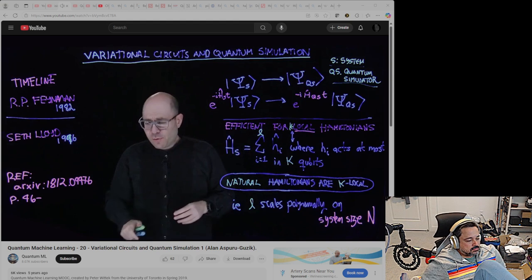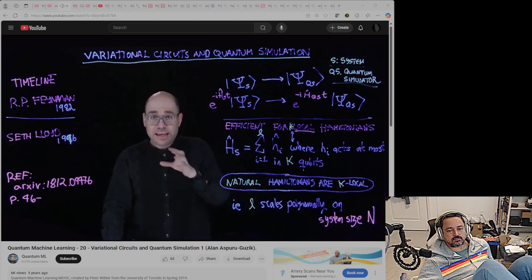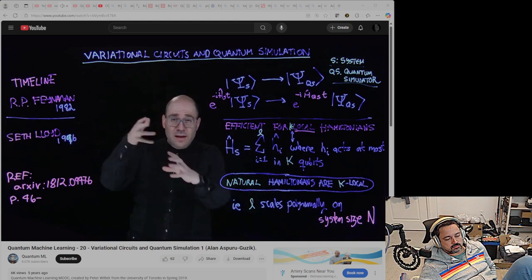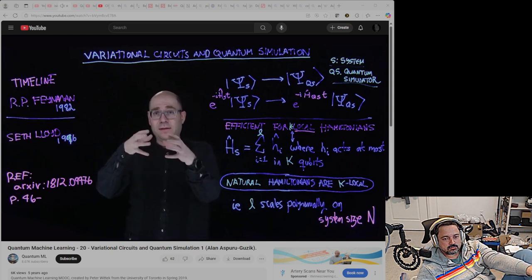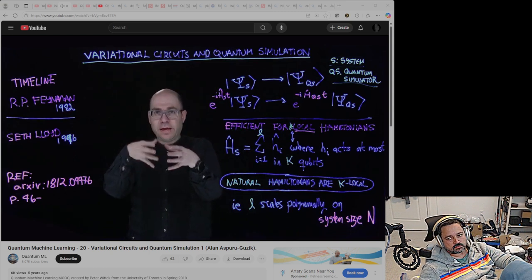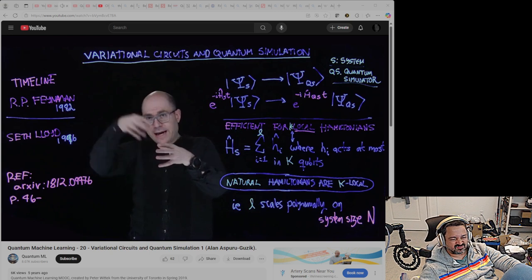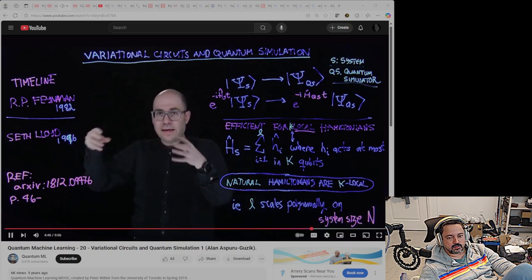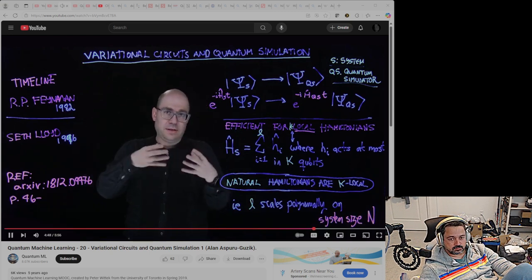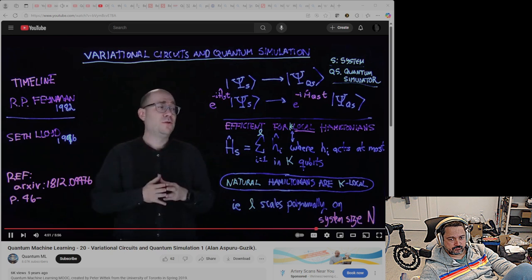In simulation we usually have some mapping in which a qubit or a group of qubits represents some site of a system. In condensed matter physics, it could be a site where electrons are hopping around. In chemistry, it could be an orbital, etc. So some unit of the quantum system that you want to simulate.